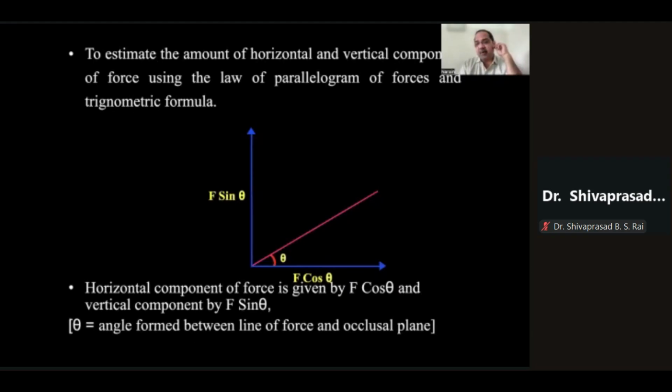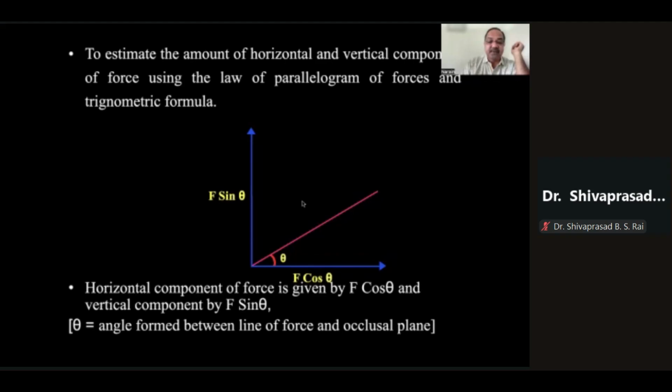So, for all practical purposes, I will take Profit's center of resistance, that is, a point just above the apices of the two premolars, into account. Now, to estimate how much horizontal and how much vertical force is delivered with the headgear, there is a particular formula using the law of parallelogram of forces and trigonometry.